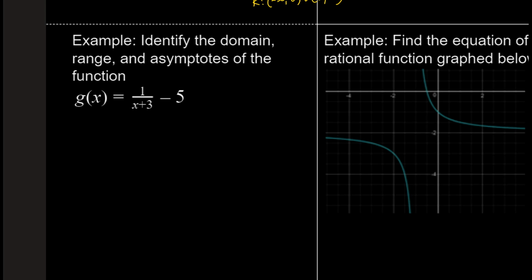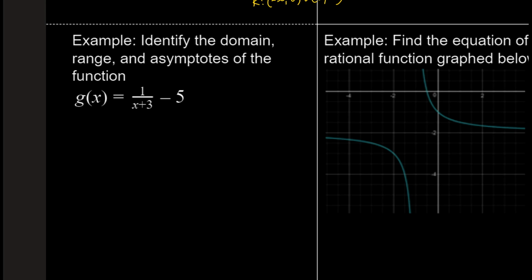We're now going to use what we know about the transformations to determine the asymptotes and domain and range. Which one do you think we need to find first? Asymptotes, because asymptotes determine the domain and range. Wonderful. Do I even need to quickly sketch this?